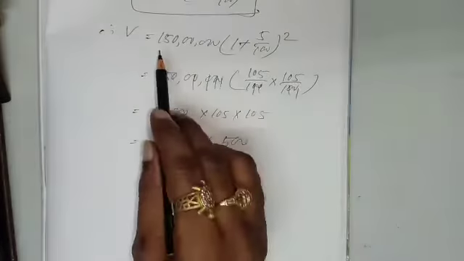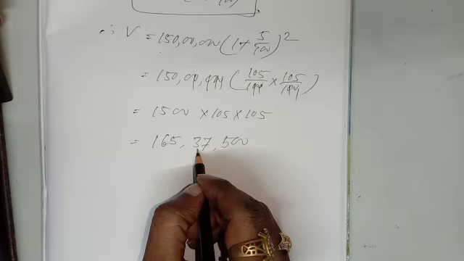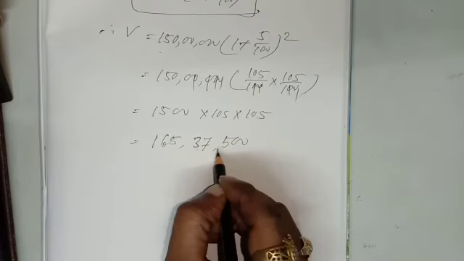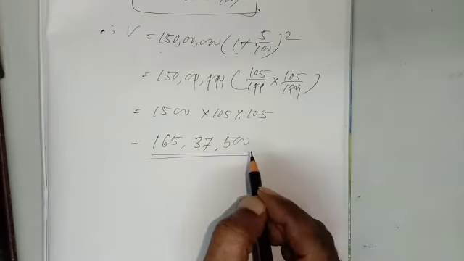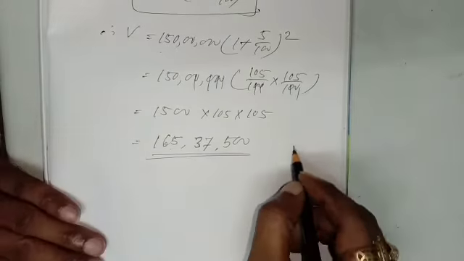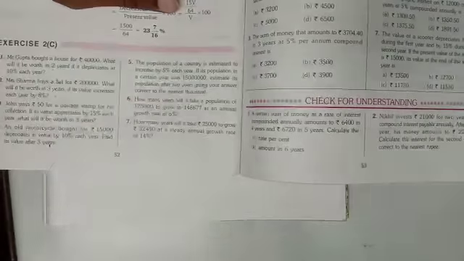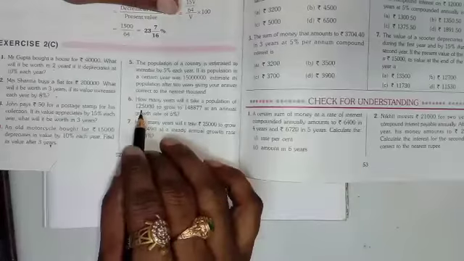Initially it was 150 lakh. Now after 2 years it will become 165 lakh 37,500. This is the final population after 2 years, and this is the answer of number 5. Let us go to number 6. Next, question number 6.